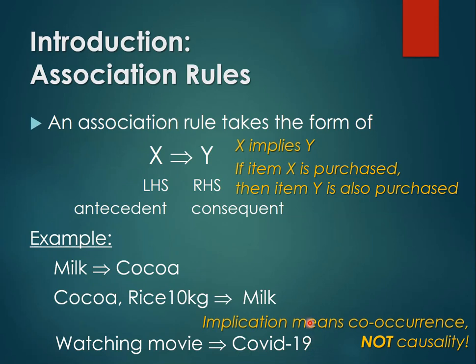We must remember that implication means co-occurrence, not causality. So a rule does not mean the antecedent will cause the consequent. We only calculate the co-occurrences, meaning the frequency of both events occurring at the same time.